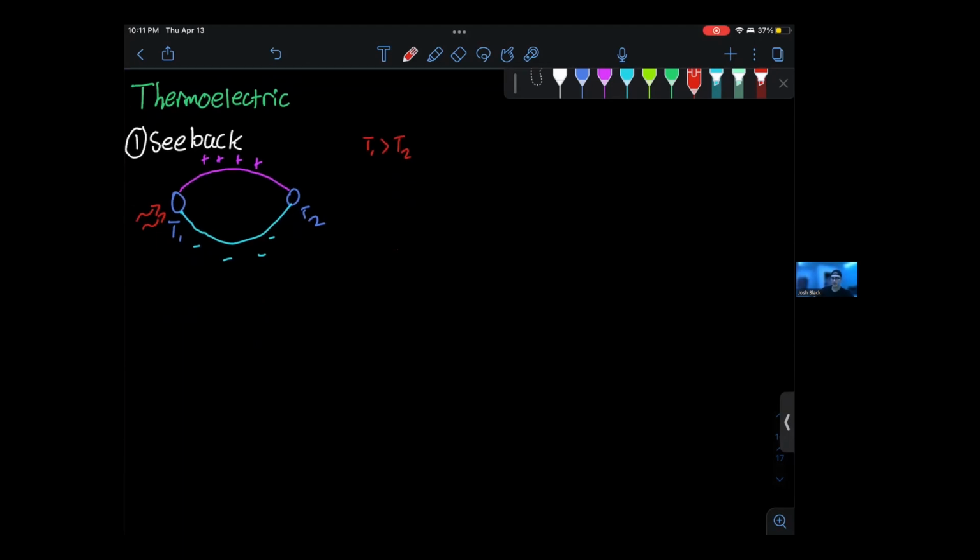When the electrons are given so much thermal energy, they're going to want to move to some place where there's less thermal energy. And they're going to take the route with the most positive charge.